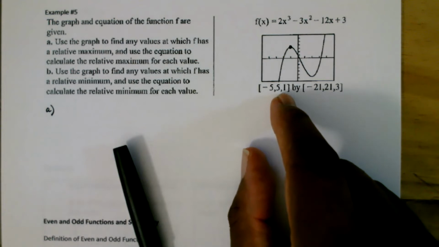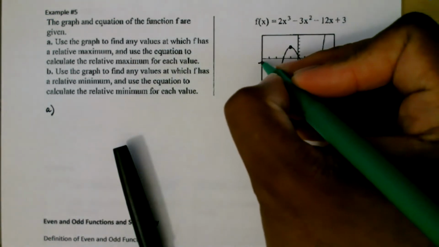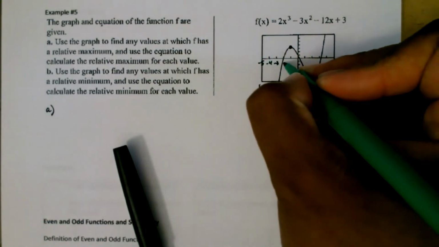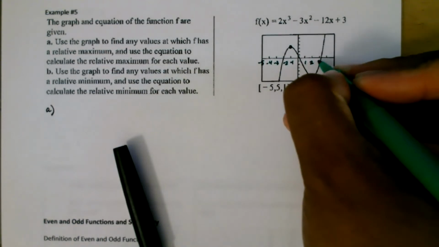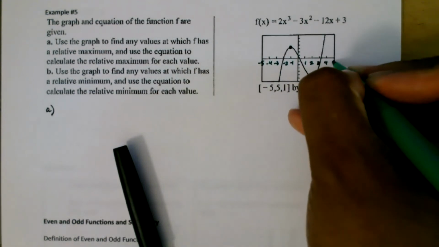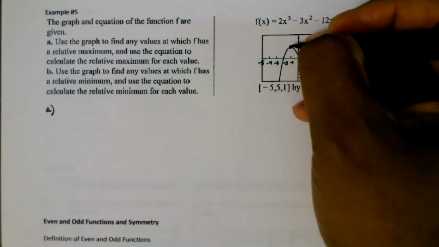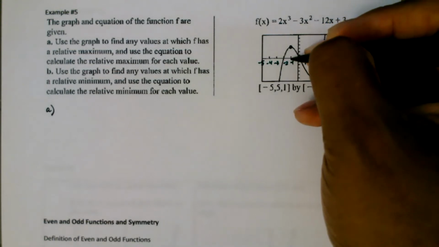Okay, so that means this goes out to -5, then -4, -3, -2, -1, 0, 1, 2, 3, 4, and 5. So in this case here, the x value where this relative maximum occurs is at -1.